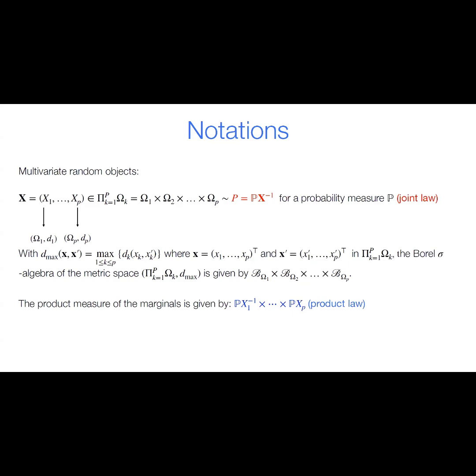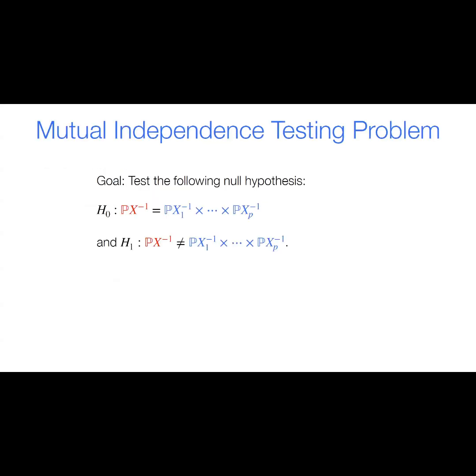Important thing is P is the joint law, and then one could also define the product law, which is the product of the marginal laws of these random objects. So the classical independence testing problem is you want to test the null hypothesis that the joint law is equal to the product law versus alternative that they are not equal.